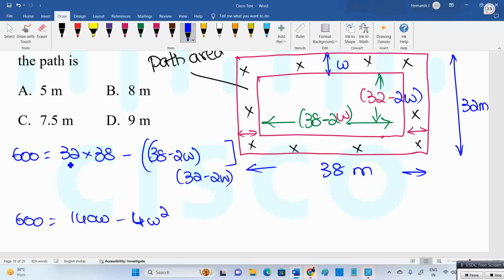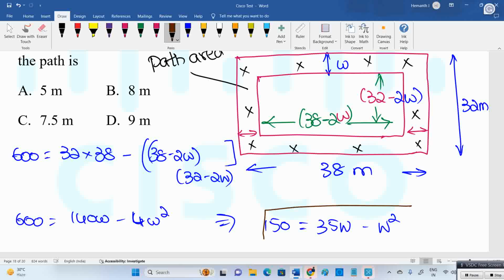And if we divide by 4, 150 equals 35w minus w squared. I can solve this quadratic equation, or else the other way is to substitute the options and check.